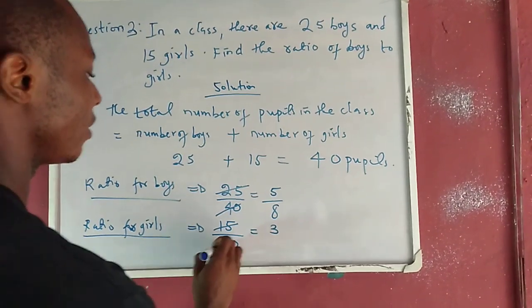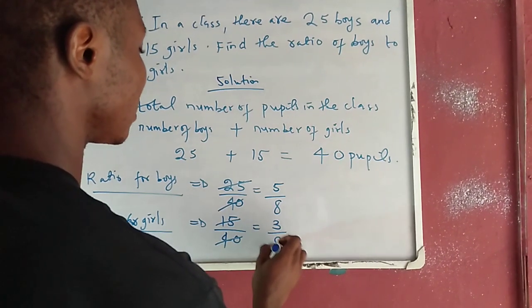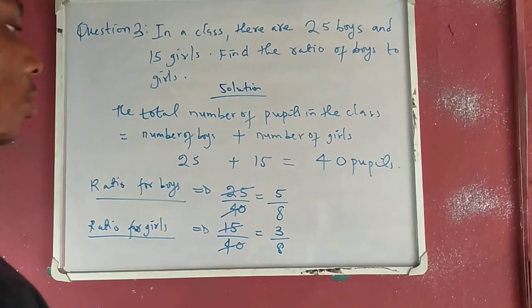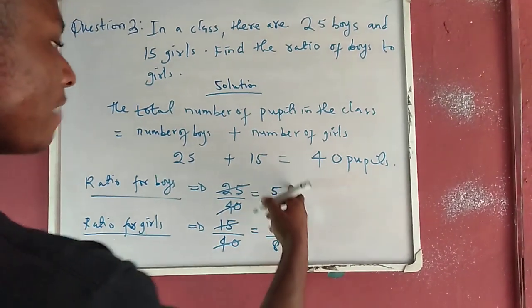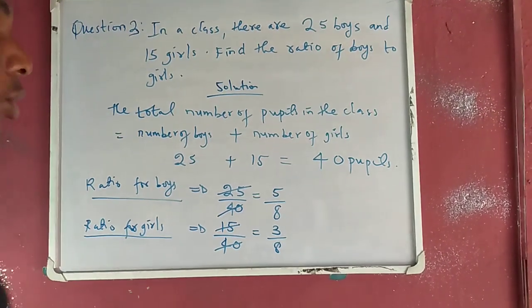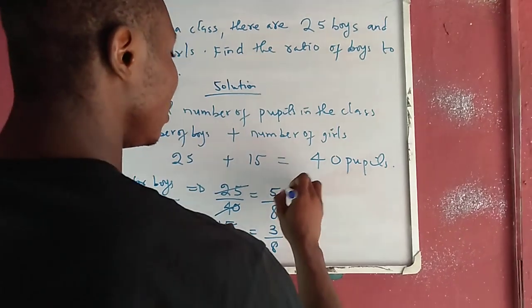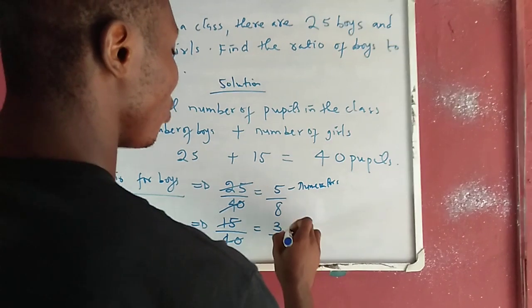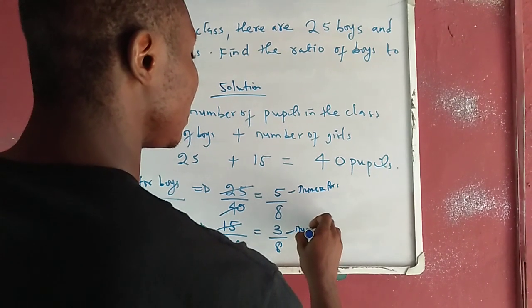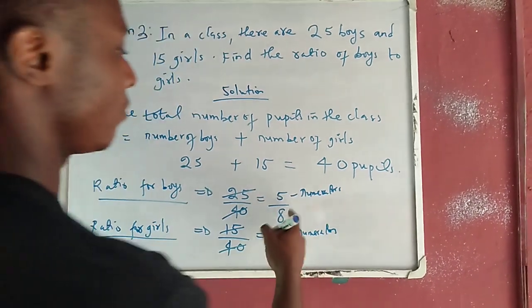And 5 here will give me 8. So notice that from the boys to girls, we have 5 over 8 and 3 over 8. So the ratio is the numerators. You're comparing the numerators since the denominator is the same.